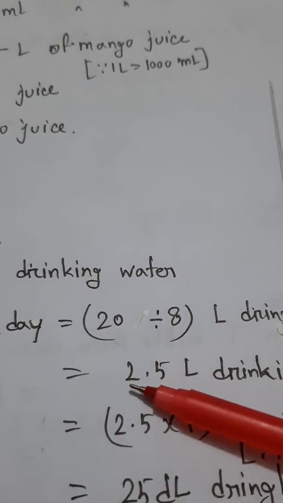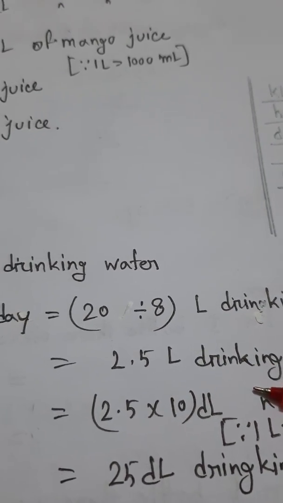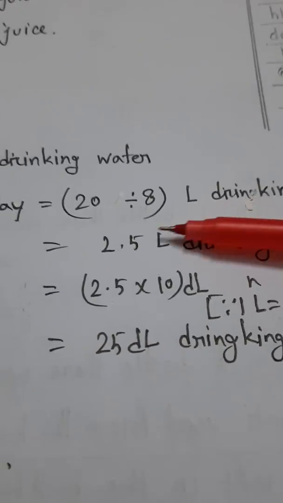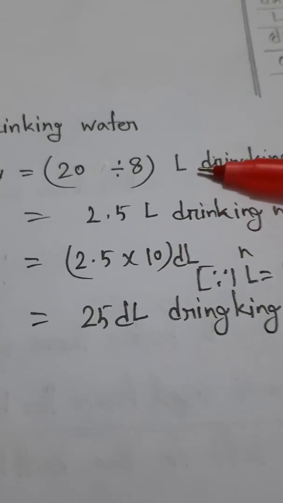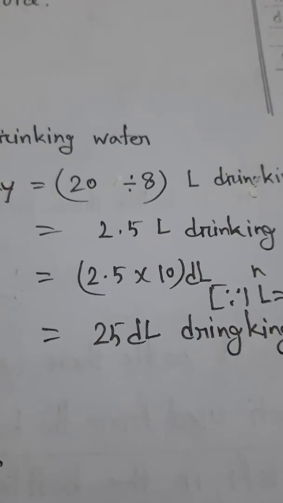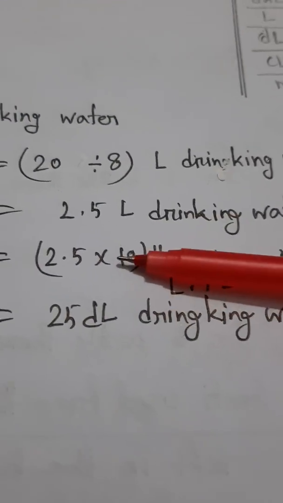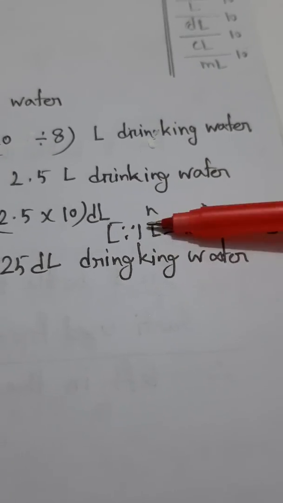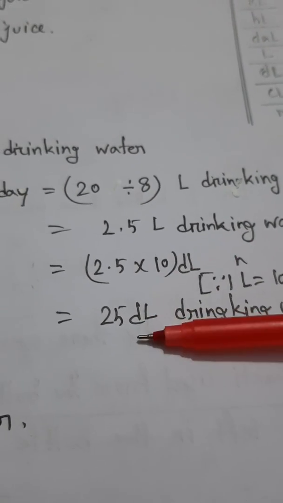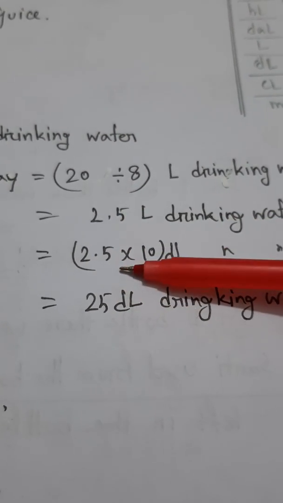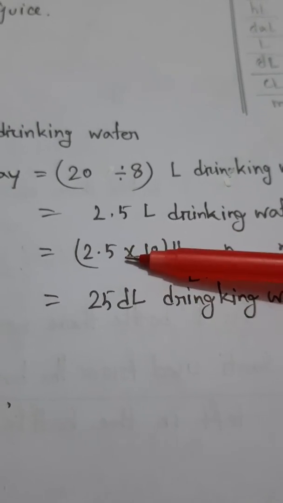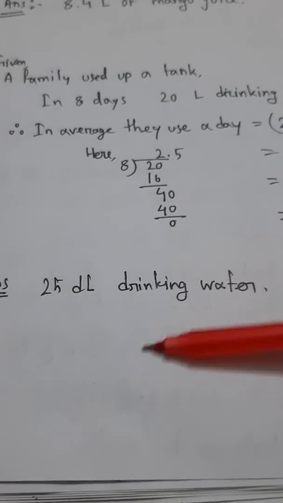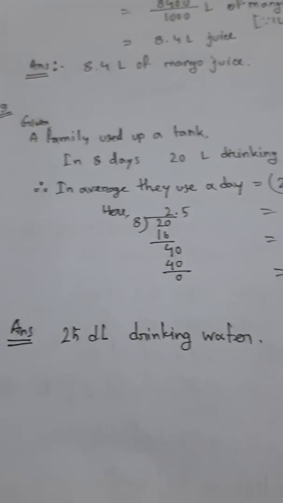The answer is expressed in deciliters. We multiply liters by 10, since 1 liter equals 10 deciliters. 2.5 multiplied by 10 is 25 deciliters. The final answer is 25 deciliters of drinking water.